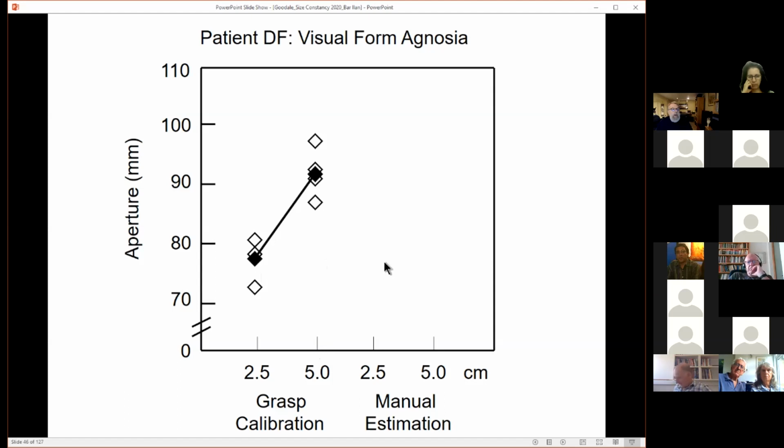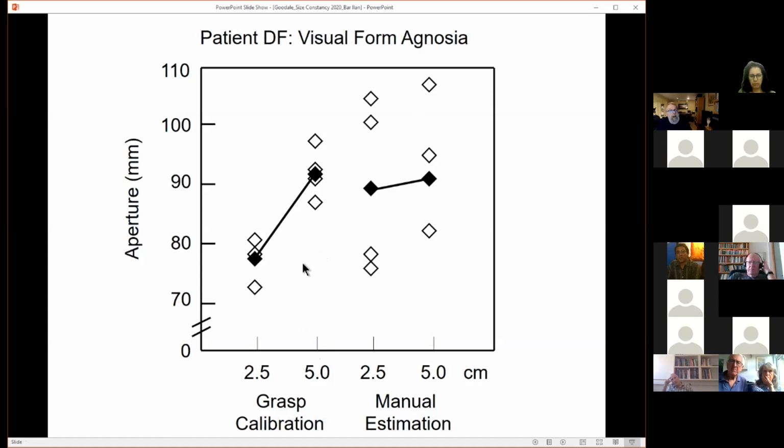But when she tries to indicate the size of the objects, she's basically at chance, with enormous trial-to-trial variability. And of course, she can't verbally describe what size it is either. She really doesn't see the width of the object, despite the fact that her hand scales in flight to the real size of the object.